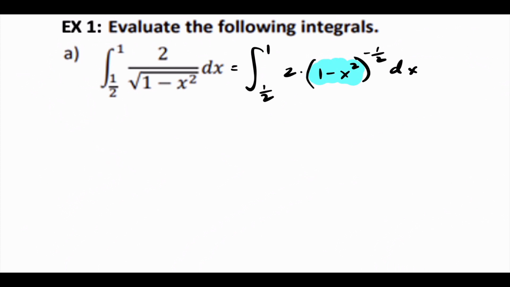Yeah, because if I found the derivative of the blue, what would the derivative of the blue be? 2x, negative 2x, right? Divide by negative 2x, I get 1 over negative 2x, right? And then I were to plug it back in. Would anything cancel out with that x? No, there's nothing in there. If it was 2x in front, then yeah, it would cancel out.